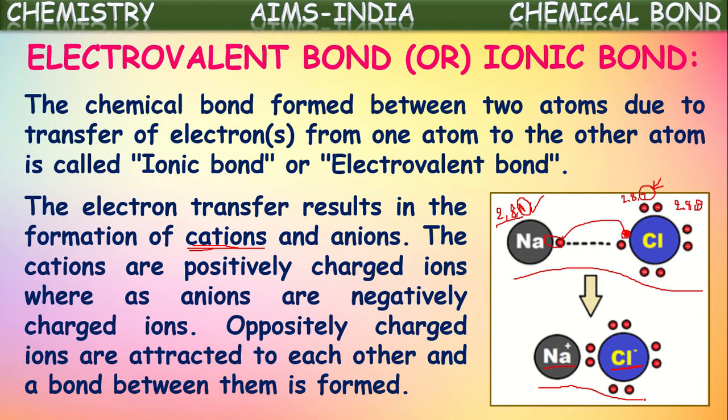That is why it is defined as the chemical bond formed between two atoms due to the transfer of one or more electrons from one atom to another atom is called ionic bond, which is also called electrovalent bond.